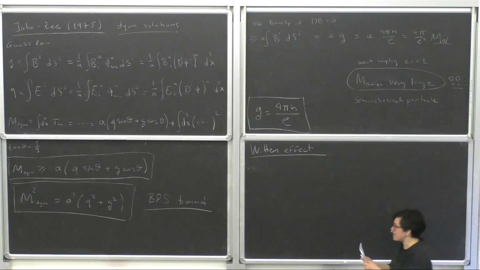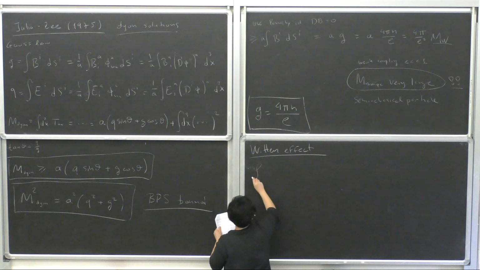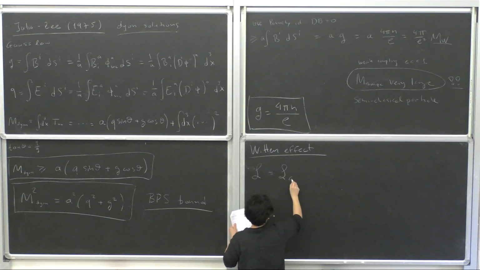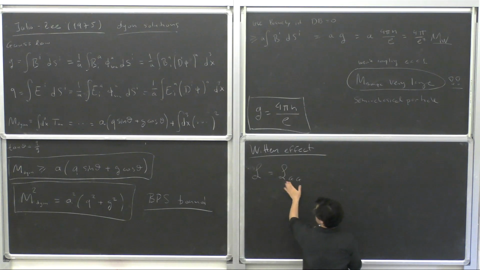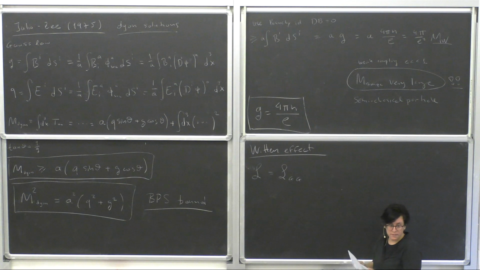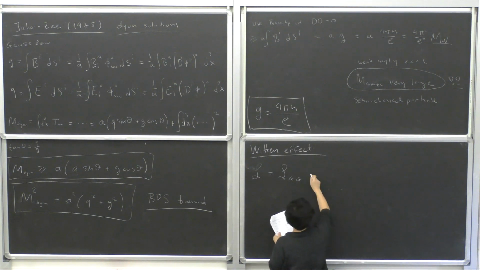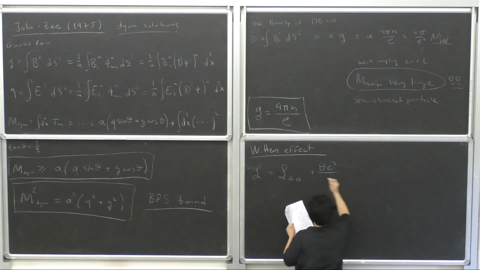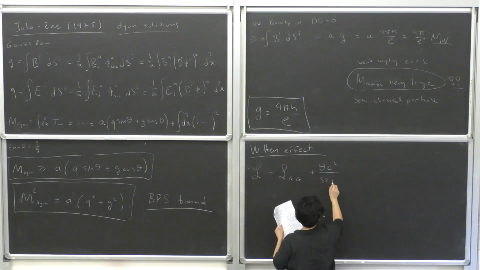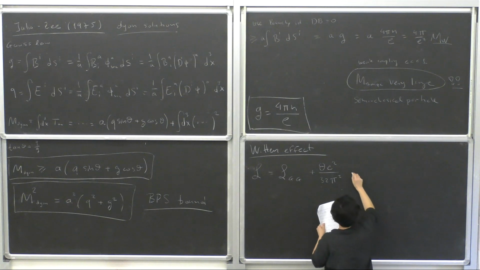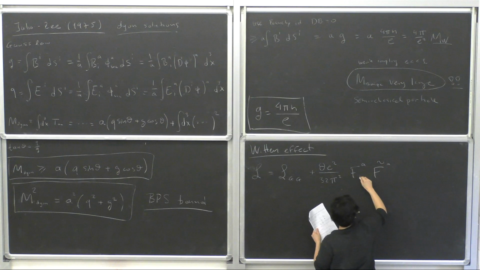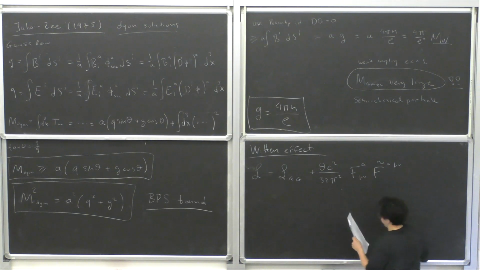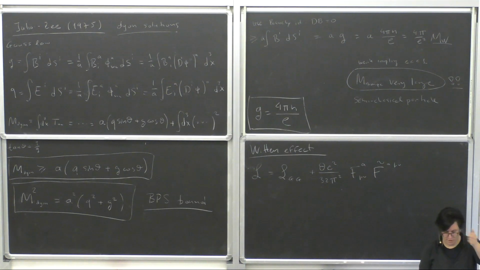This is also another important moment in our lives when we learn this new phenomenon. So we take our Georgi-Glashow Lagrangian, no problem, and we add the famous theta term. Yes, we violate CP, great, amazing.